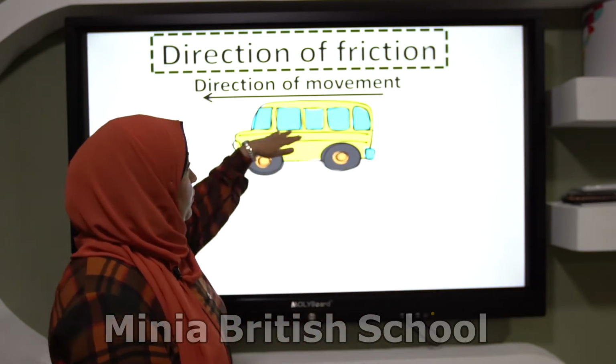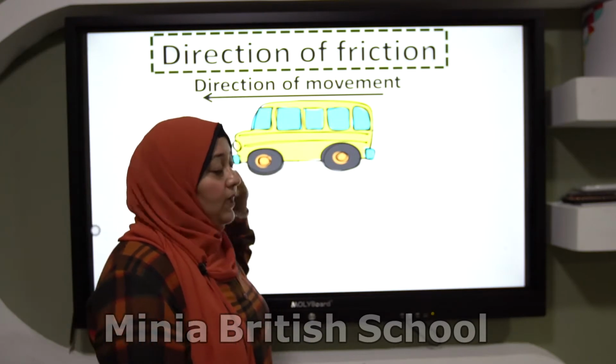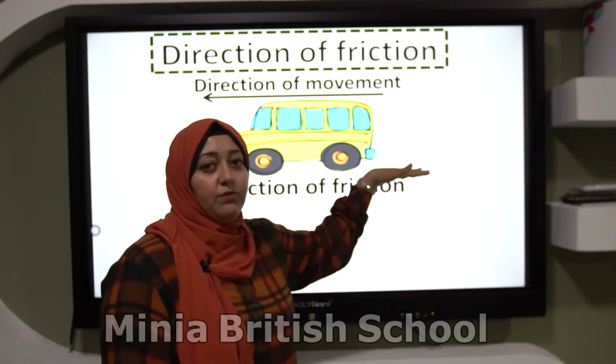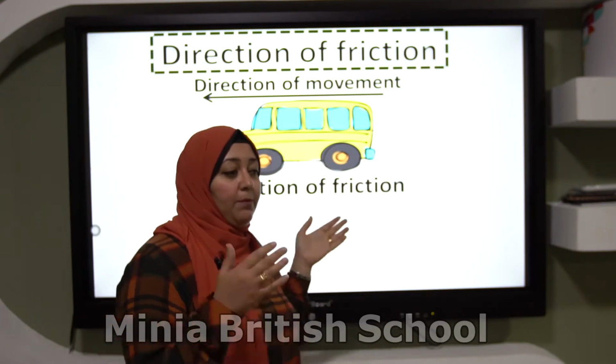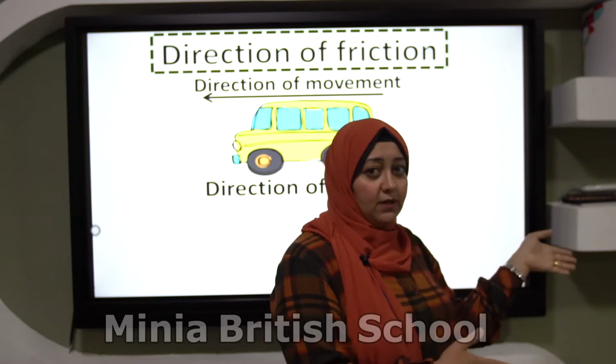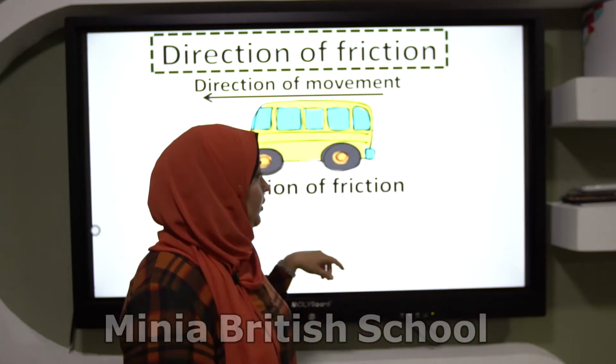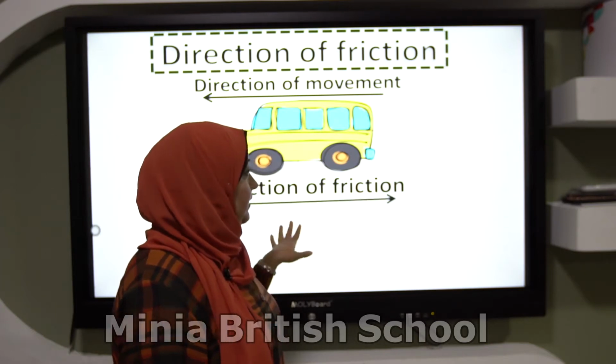This bus will move in this direction, and the friction force will be in the opposite direction. If I'm moving in this direction, the friction force will be in the opposite direction of me, like we see here.